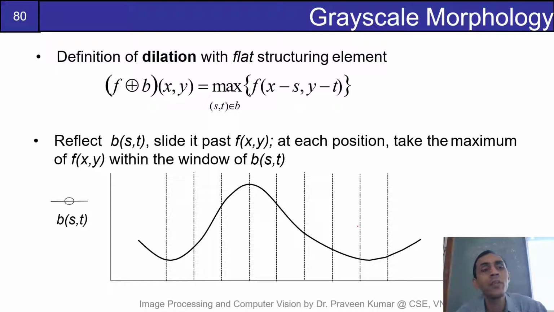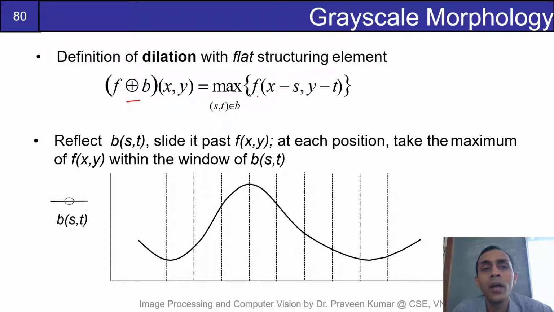So how do dilation and erosion get interpreted in the case of grayscale morphology? Now we won't have just set theoretical, set-based notation. We'll have a more general operation. For example, the dilation operation in the case of grayscale will be defined like this.